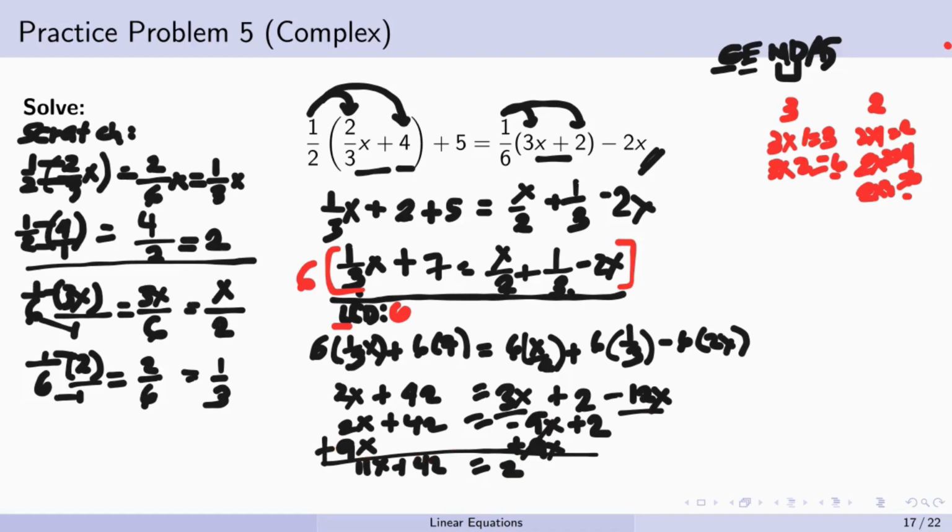Now, if we want to cancel out 42 here, what we're going to do is subtract 42 from both of the sides. Subtract 42, so we have 2 minus 42.